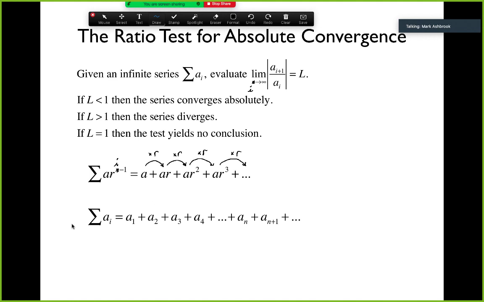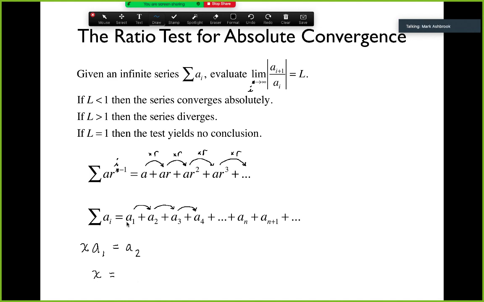So in just any generic sequence, this a is not the a in the geometric series, which is the coefficient. This is just a generic sequence. What would be the multiplier to get to the next term? So like what would you multiply a1 by to get a2? And what would you multiply a3 by to get a4? So for instance, x times a1 gives you a2.